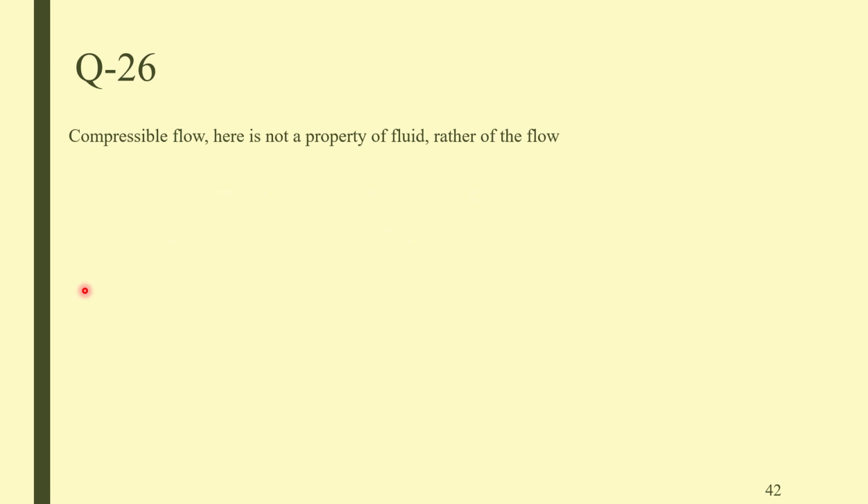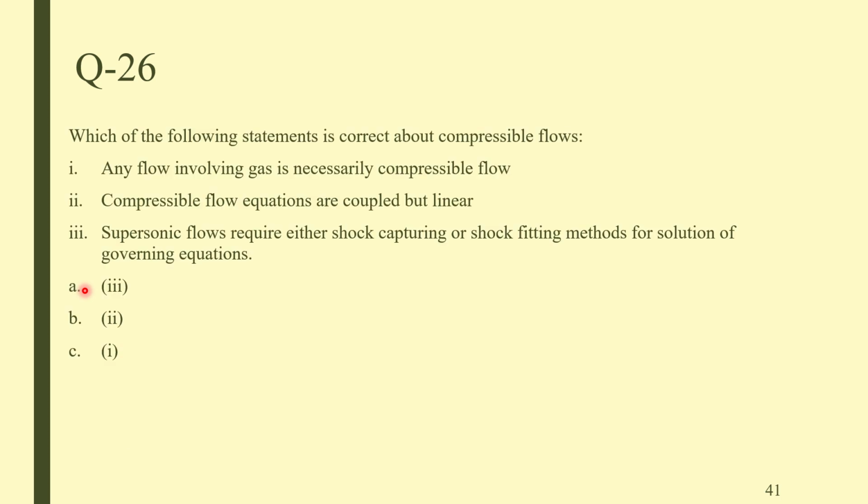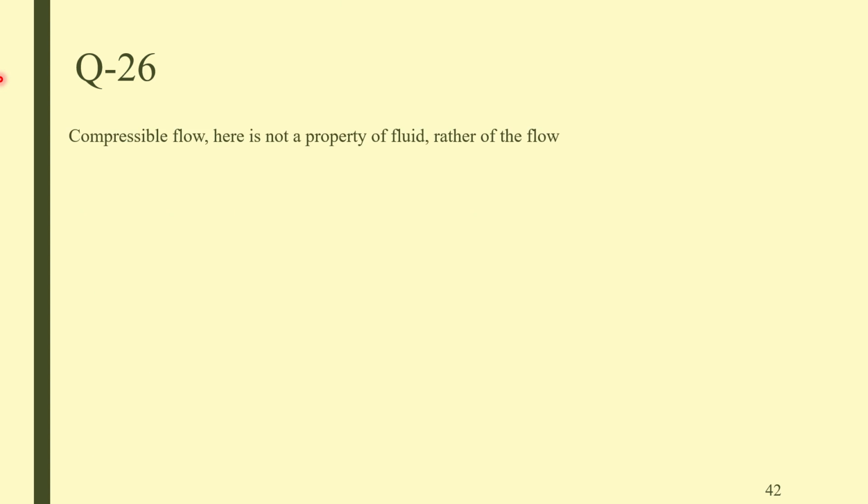compressible flow here does not refer to the fluid property, rather it is a flow property. So any flow involving gas is necessarily compressible flow? We cannot say that. Since it is a flow property, if the density is not varying much, we can say that it is an incompressible flow as well.